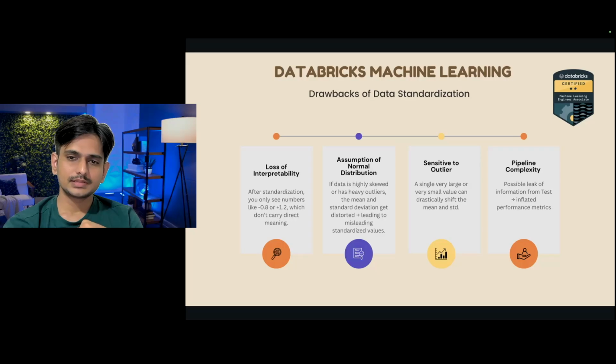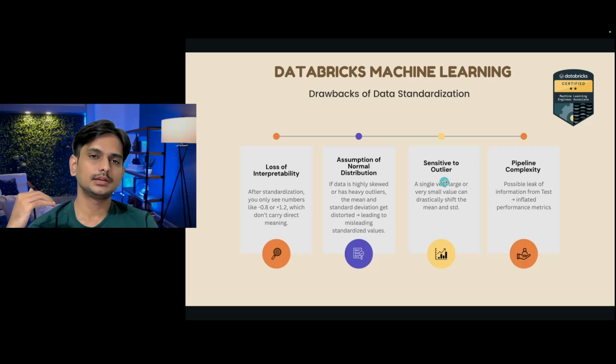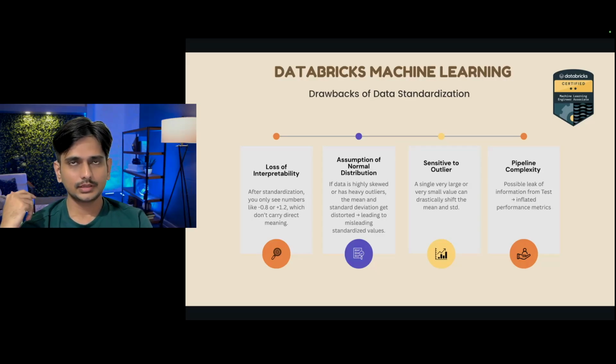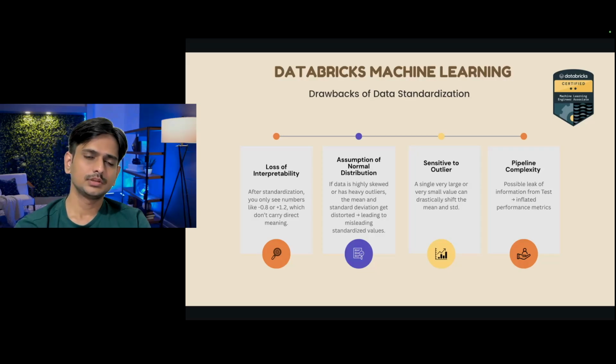And next is sensitivity to outliers. What that means is a single very large or very small value can significantly shift the mean and the standard deviation. That possibility will always be there. For example, you have salaries like 50K, 60K, 70K, and then another person is having 5 crore.